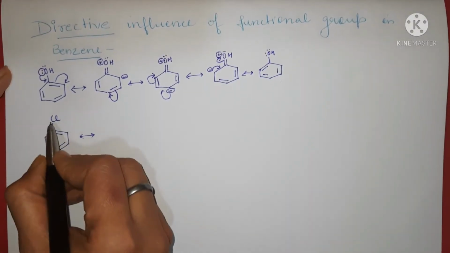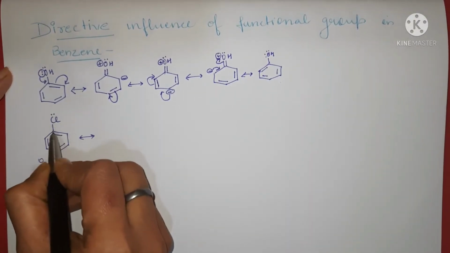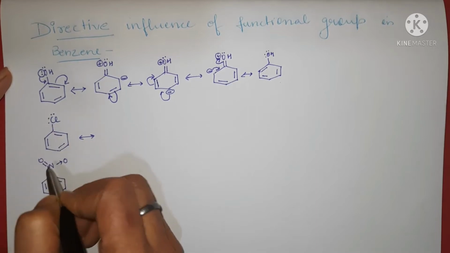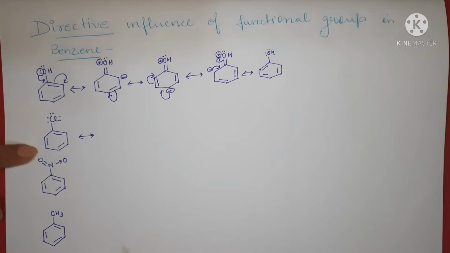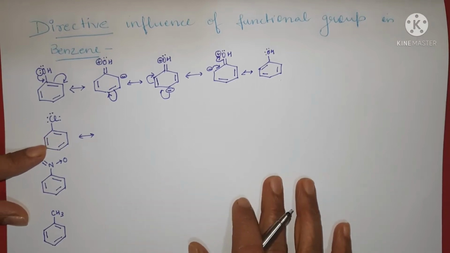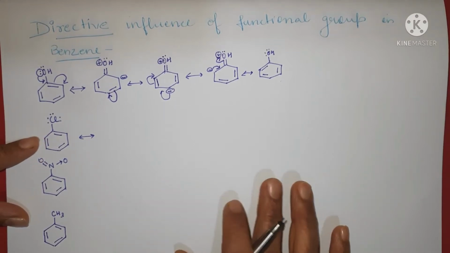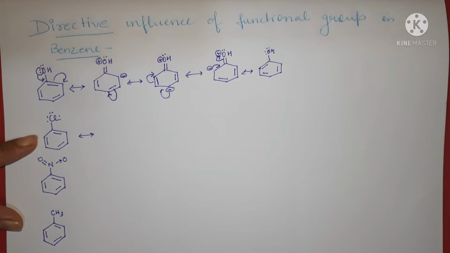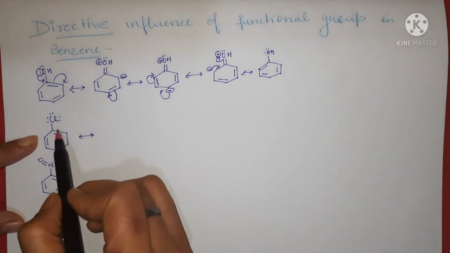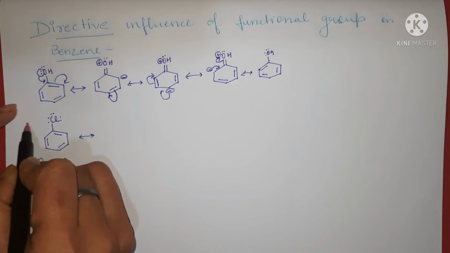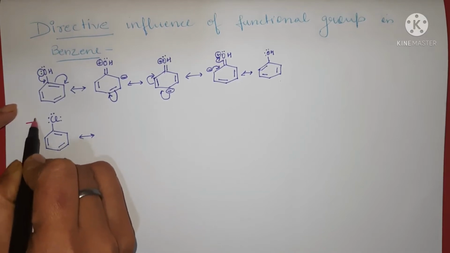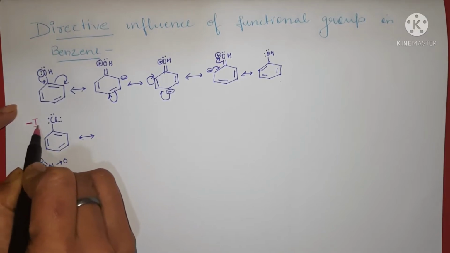As you know, chlorine has a lone pair. So this lone pair again comes inside the ring and we will form the resonating structures here. But here, as you know, chlorine is more electronegative compared to carbon, so chlorine shows a minus I effect.